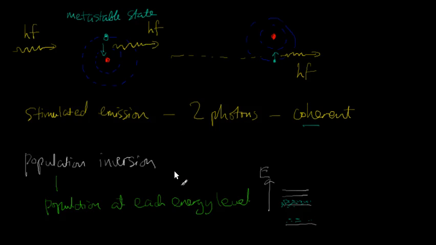And this situation with lots of electrons at the higher energy state is called population inversion. So in order to actually be able to make a real laser, it is necessary to solve this technical problem of creating this population inversion inside the materials in the laser.